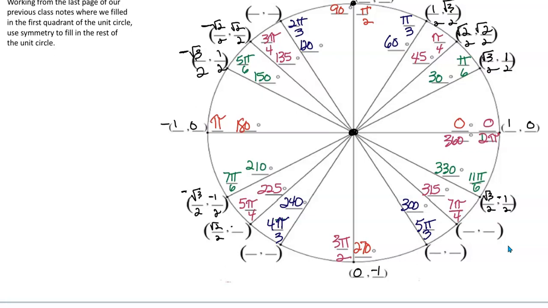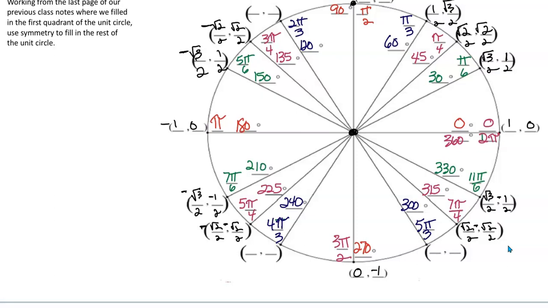Same absolute value, but in the third quadrant, excuse me, they're both negative. Next one, 7 pi over 4. Same absolute value, but in this quadrant, which is the fourth quadrant, my y is negative. Done.